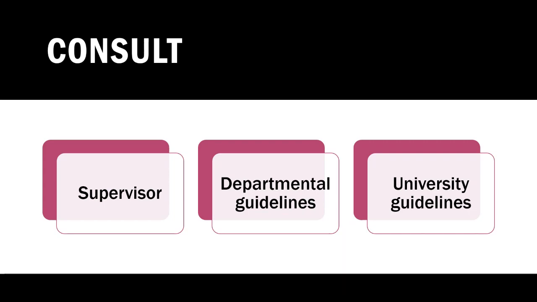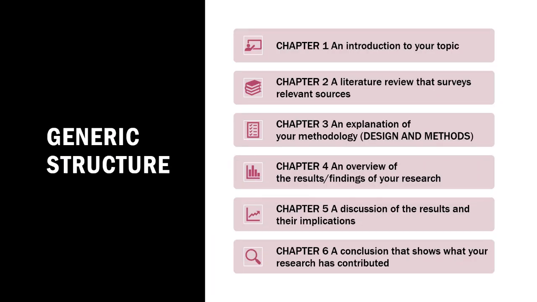So in terms of putting it all together before we discuss each chapter separately, the generic structure would, as we talked through the research process, have the following outline. Your chapter 1 is an introduction to your topic. So you are introducing your idea, your topic, and a tentative template for what the reader can expect in the rest of your dissertation.